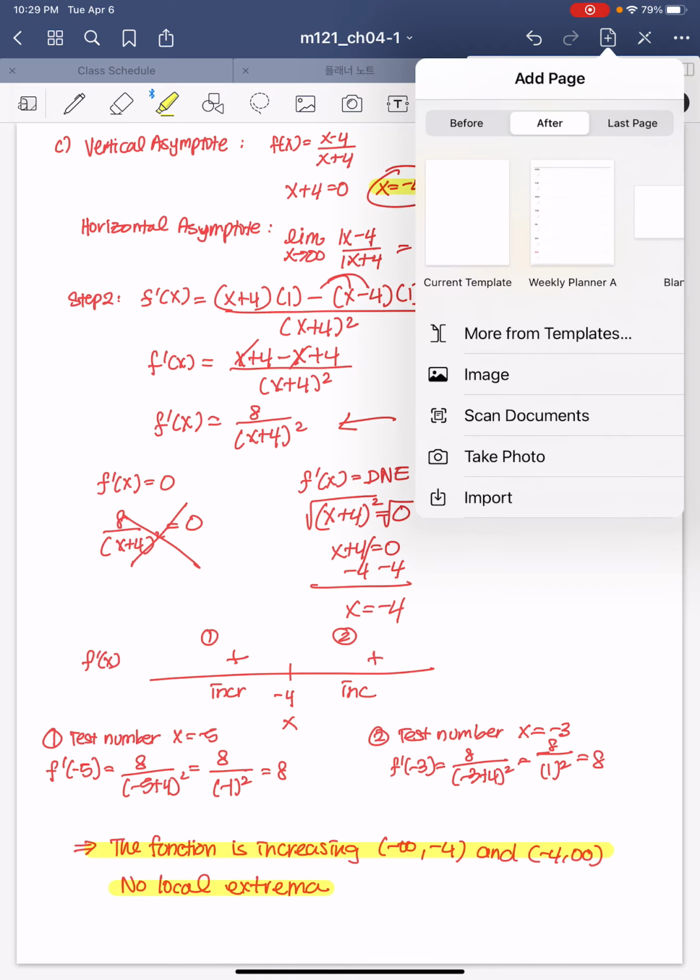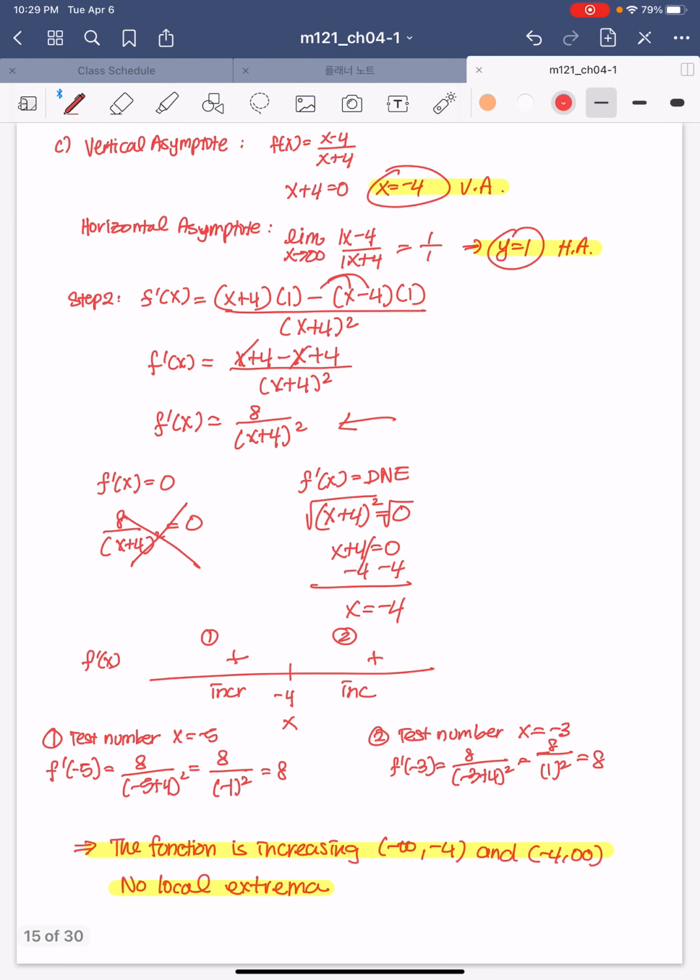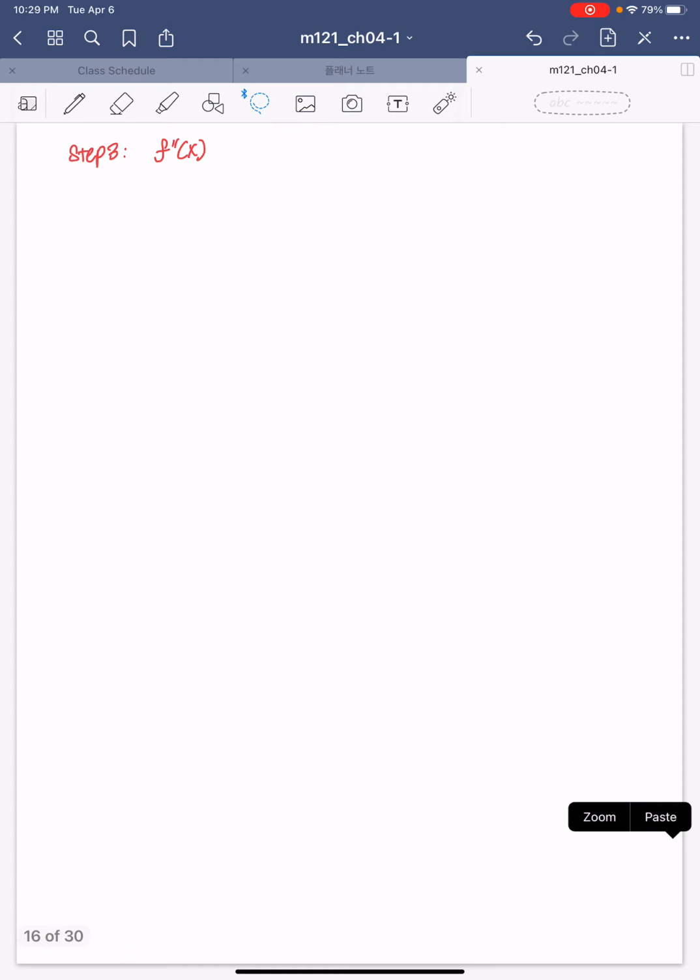So I need another page. Step 3. F double prime. Now f single prime, I'm going to copy down this one so that I can take the derivative pretty fast. The first derivative was 8 all over (x plus 4) squared.